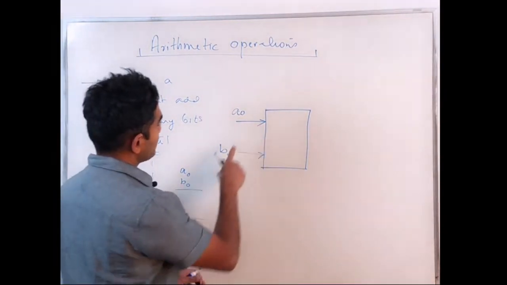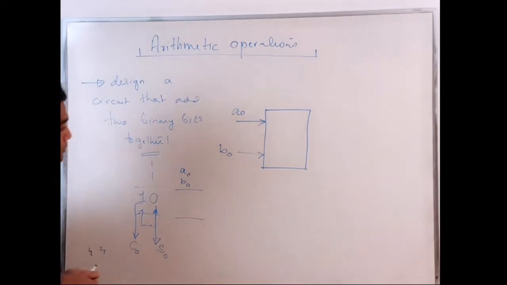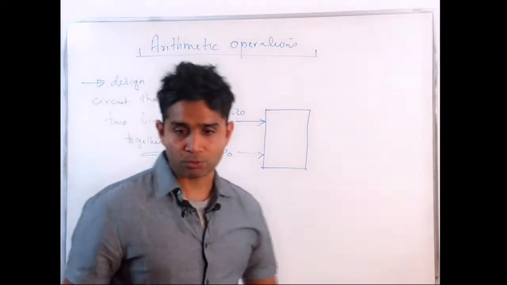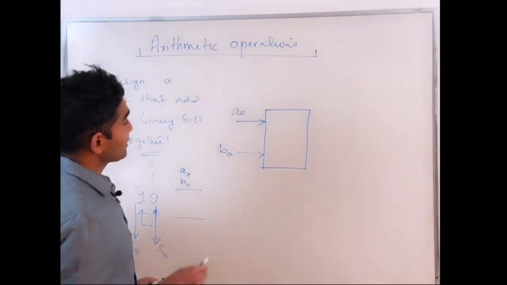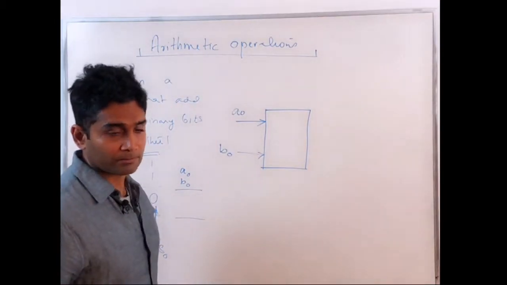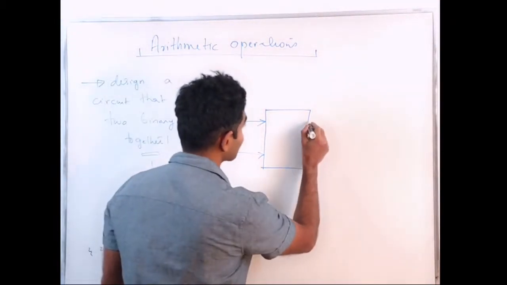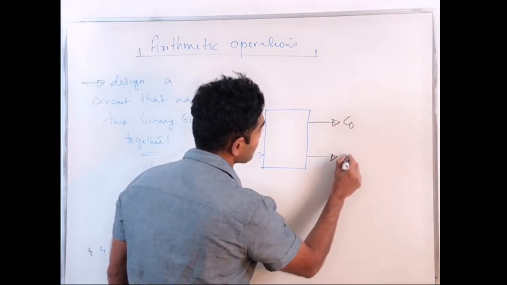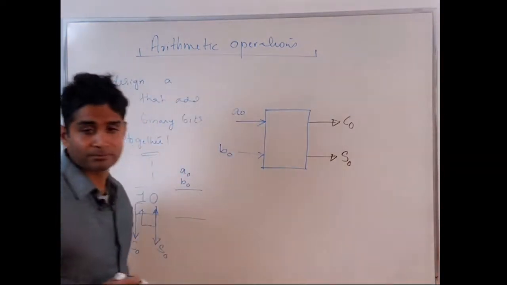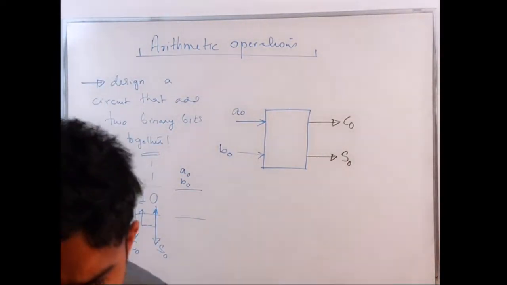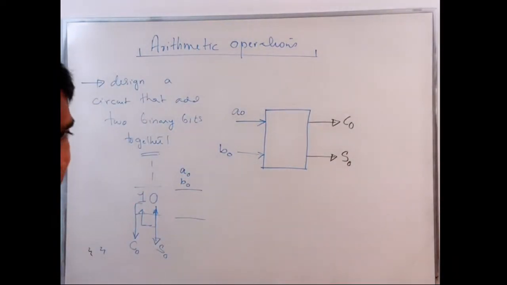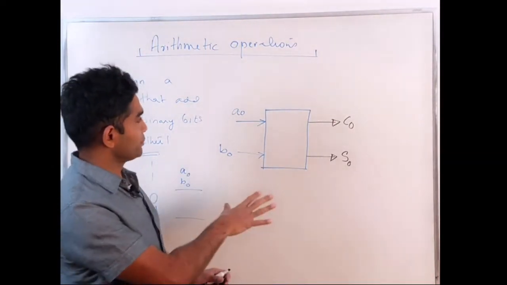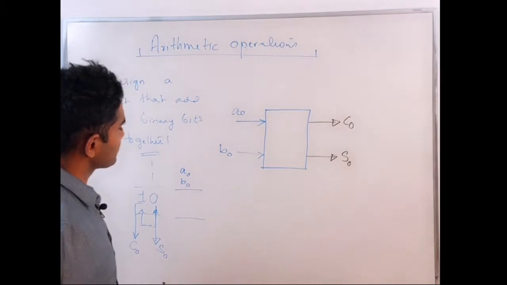That will be better. So A0, B0, two inputs. A0 can take 0 or 1. B0 can take 0 or 1 values. And then as the output, I would have C0, the carry out, and S0, the sum. Once I have this information, it's a pretty simple circuit to design.